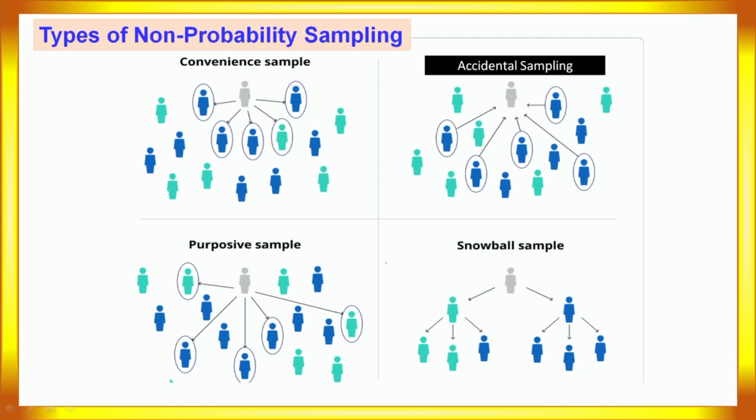Another non-probability sampling process is known as accidental sampling. What does accidental sampling mean?